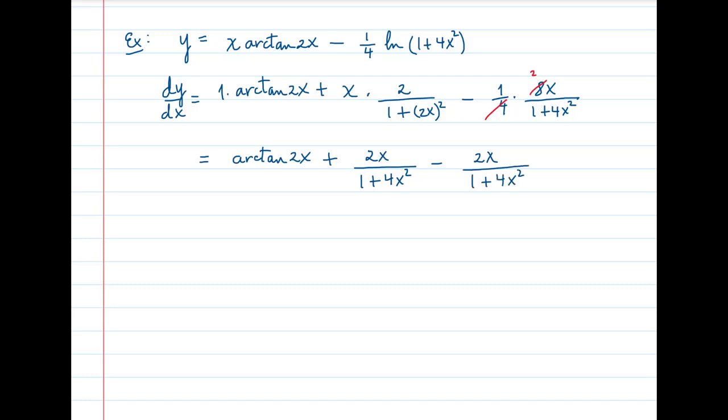And notice how we end up with two terms that are going to cancel out. One came from the product rule of the first term, the other one came from the derivative of the natural log, but we end up with the same expression here. Since one is positive and the other one is negative, they cancel each other out, and our final answer is arctangent of 2x. The derivative of this whole function on top was equal to arctangent of 2x.